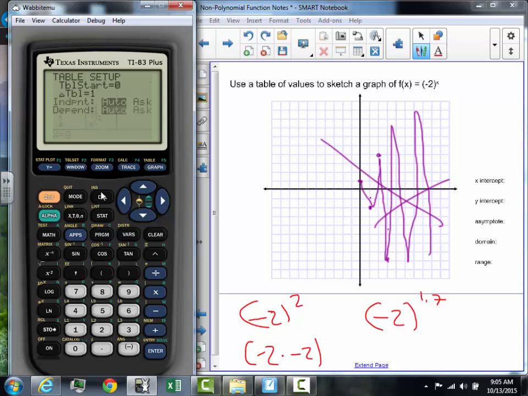I want to change my table set. And rather than, you see how this number here goes up by 1s? Have I shown you how you can mess around with that and make it so it doesn't go up by 1s? Let's make it go up by 0.1s. This will make my point. You see I'm getting some errors in here?